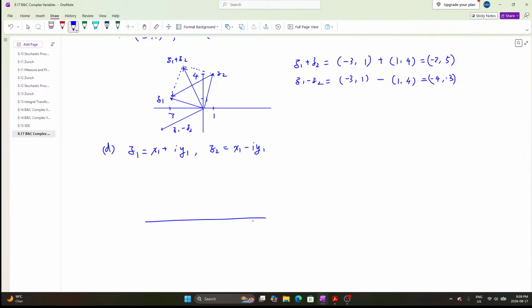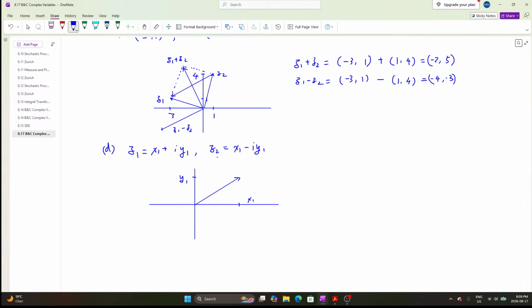Okay, so let's plot the two numbers. Of course here x1 and y1 can be arbitrary, so let's just draw a generic vector in the first quadrant. This is x1 plus iy1. Okay, this is x1 and this is y1.